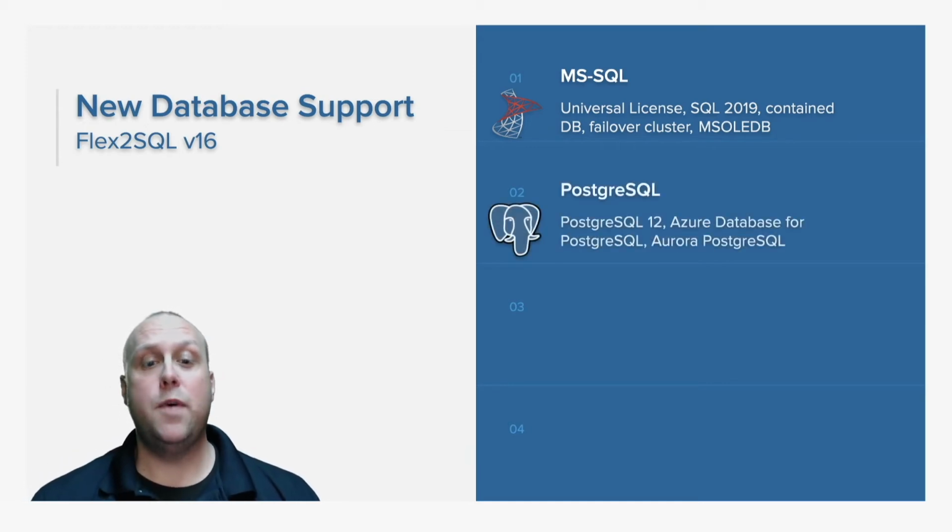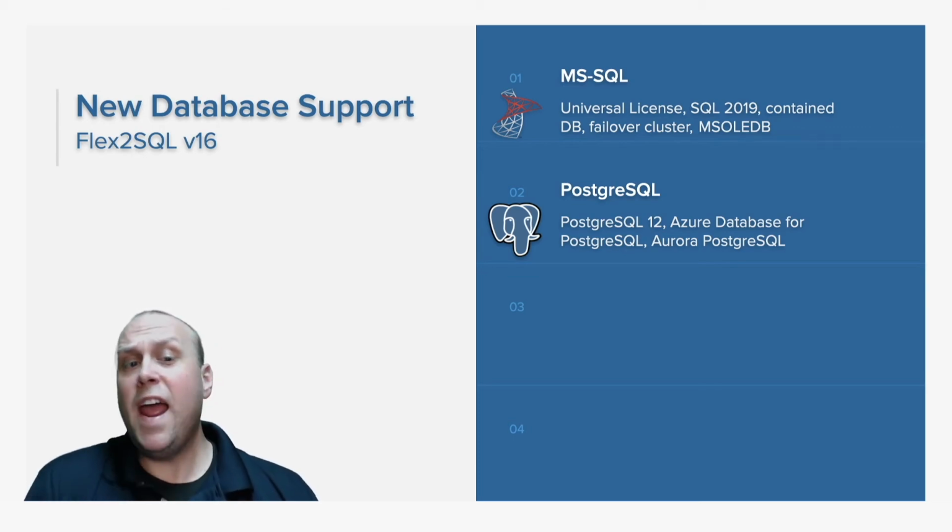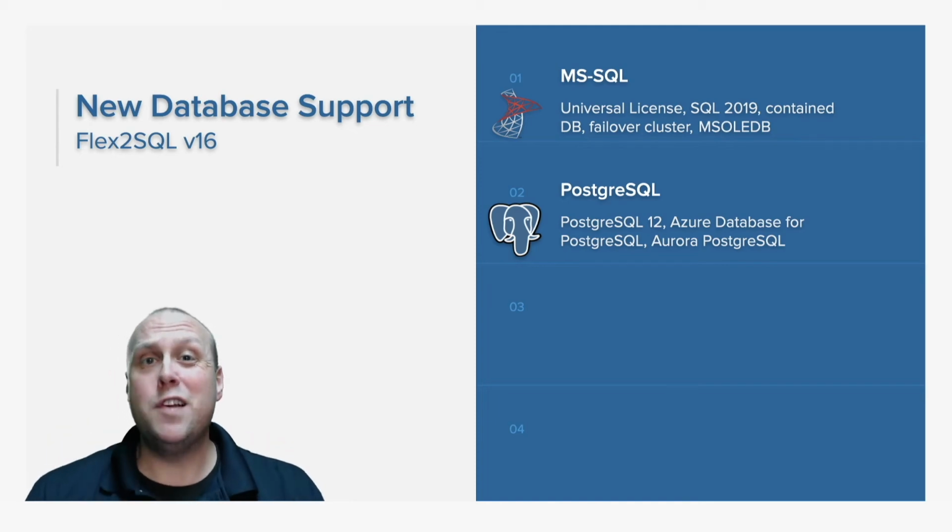Next up is PostgreSQL. We've seen the demand for PostgreSQL steadily increase. It's a very fast, very reliable database server that has many enterprise-class features. And it happens to be our favorite database server to use internally.